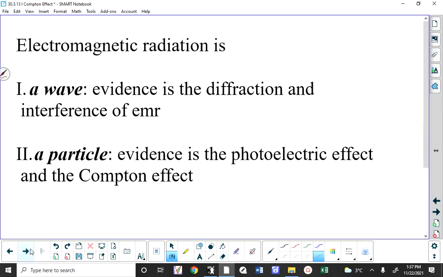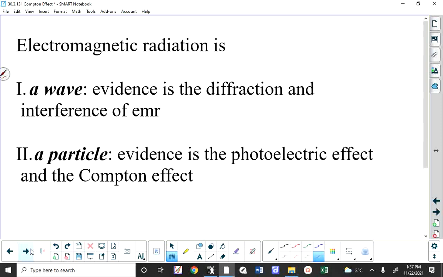So electromagnetic radiation is a wave, electromagnetic radiation is a particle, but electromagnetic radiation is never both at the same time. It's a strange thing. When you shine light through a diffraction grating, it knows that it should behave like a wave. And it does. When you shine light on a photoelectric surface, it knows before it hits.